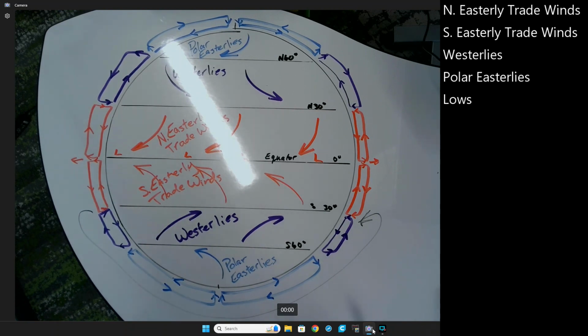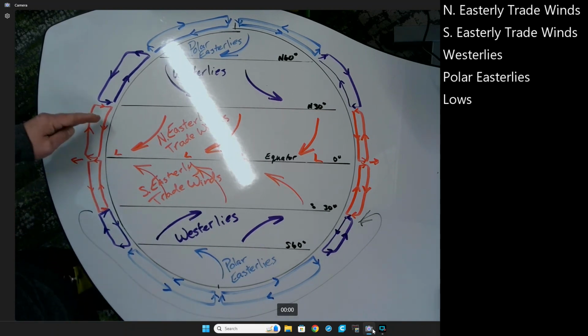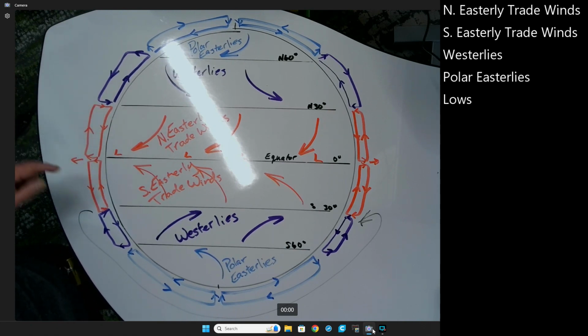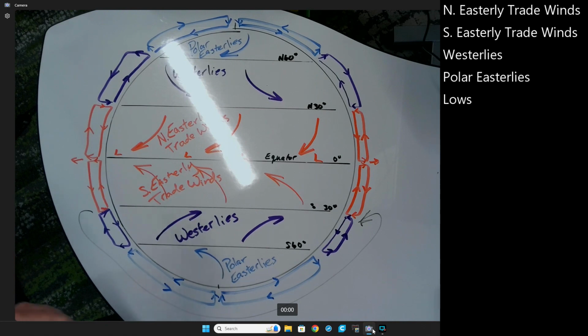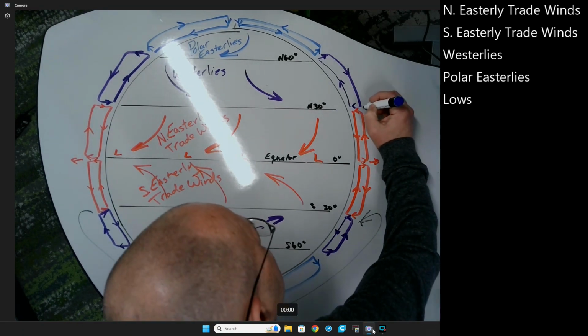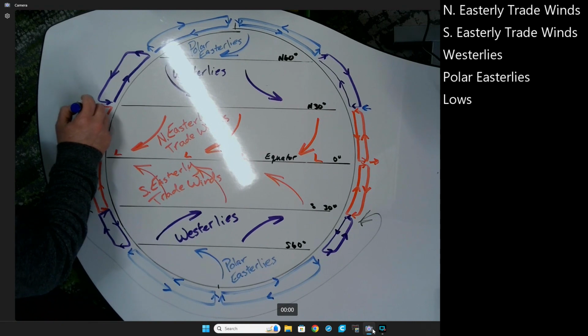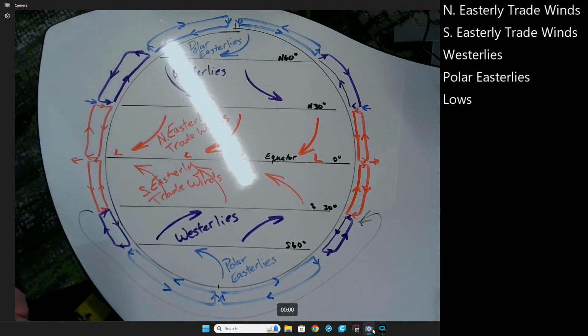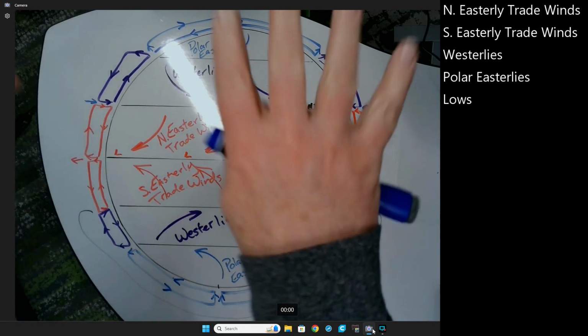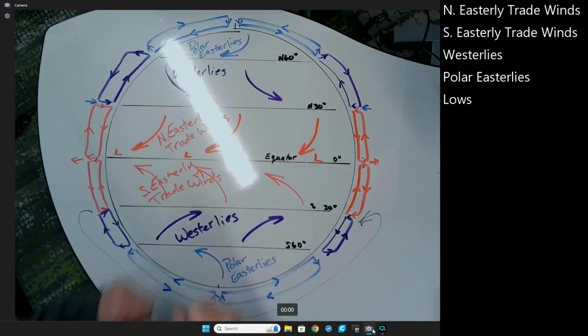Okay, moving along. Let's move up to where the Hadleys meet the Ferrels. Notice the direction of the arrows. The arrows are pointing down towards the earth. So the upper atmosphere is coming down, pushing down.